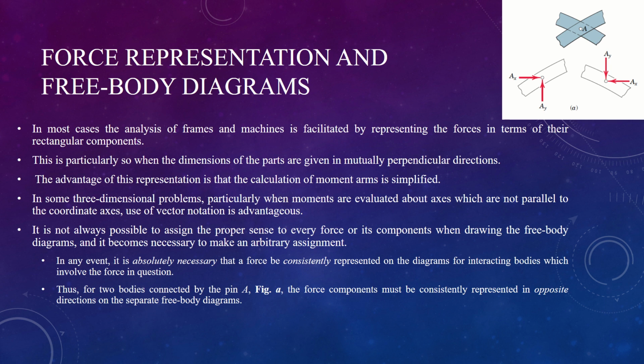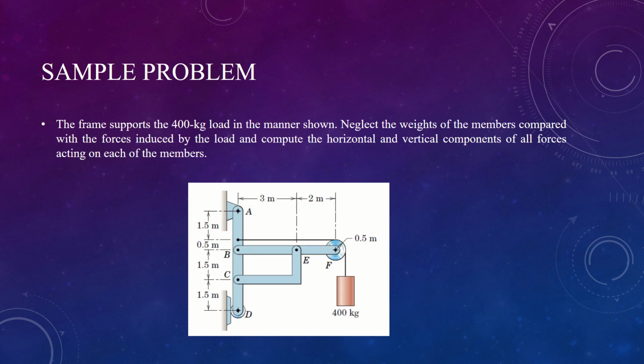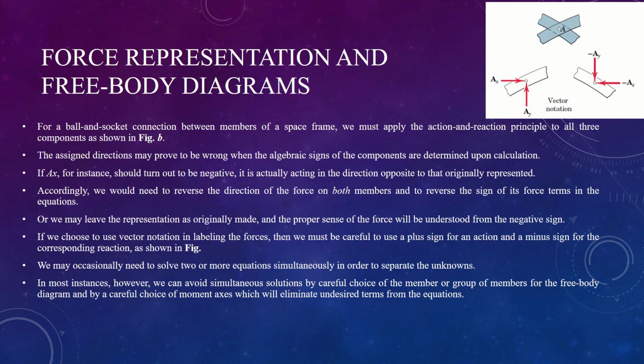The force components must be consistently represented in opposite directions on the separate free body diagrams. For a ball and socket connection between members of a space frame, we must apply the action-reaction principle to all three components.